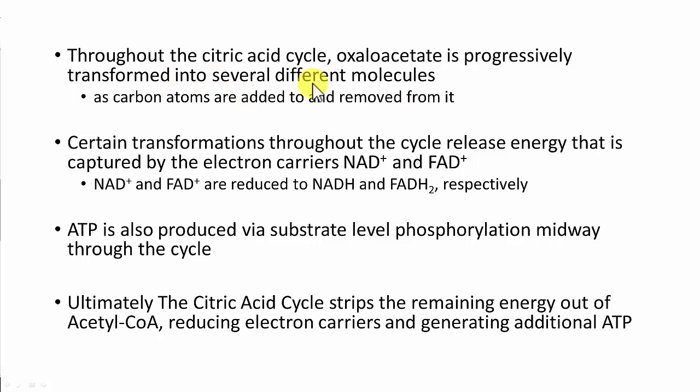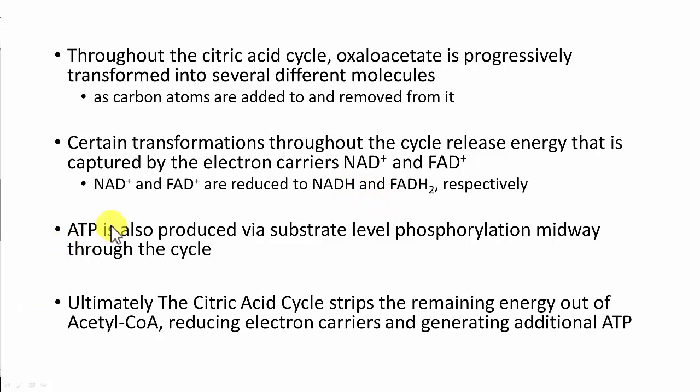Now, as I just mentioned, oxaloacetate is going to form to make citrate, in which case then it's going to be transformed. The primary products of the citric acid cycle are reduced electron carriers, NADH and FADH. So the starting unreduced forms, NAD and FAD, are going to be reduced via the citric acid cycle, and we're going to have reduced forms of NADH and FADH respectively.